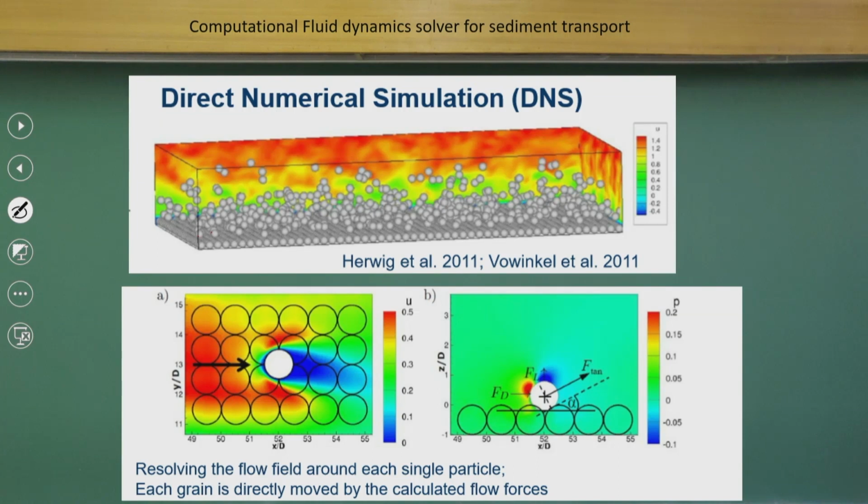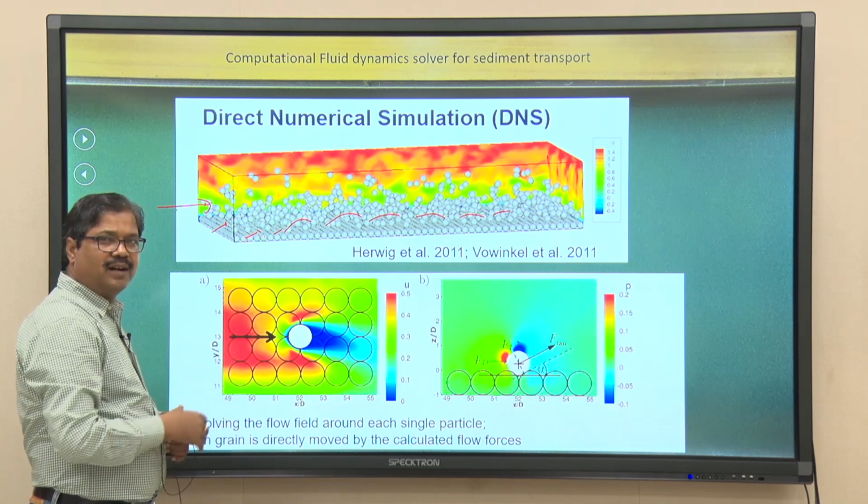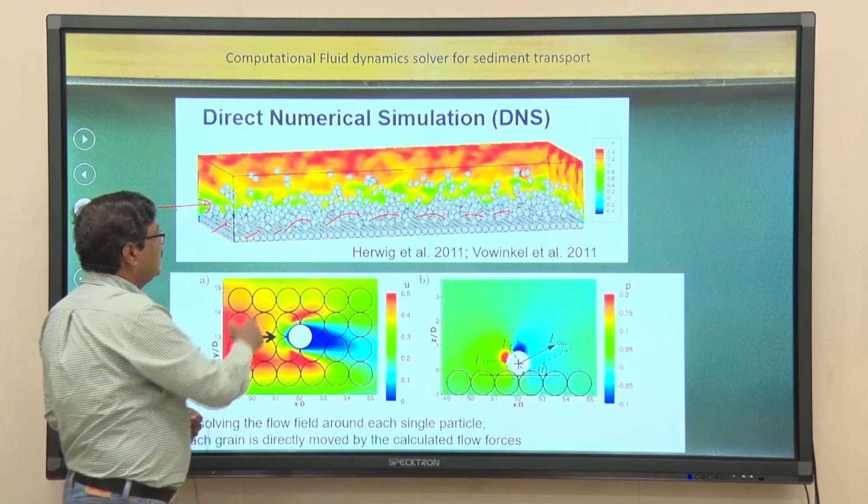The bed sediment particles can be represented as equivalent spherical balls, and if the flow is going like this, you can see all these processes of particle movement happening as rolling, hopping, or sliding.